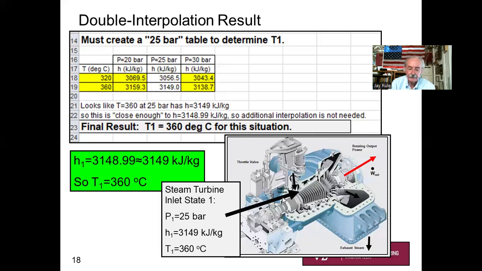And so you're trying to find the inlet enthalpy and therefore the inlet temperature. So here's the summary. P1 is 25 bar, given. H1 is 3149; you found that using the first law. And then T1 is 360 degrees C. You used interpolation to back calculate T1.